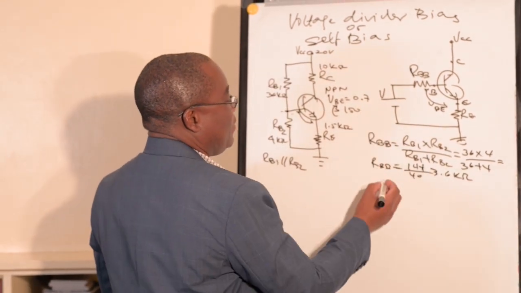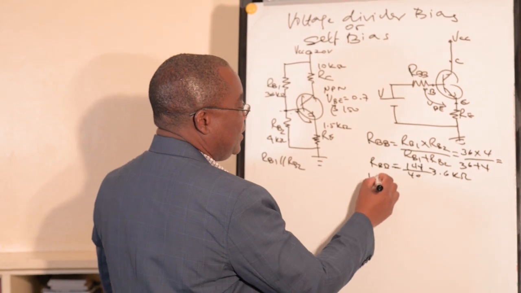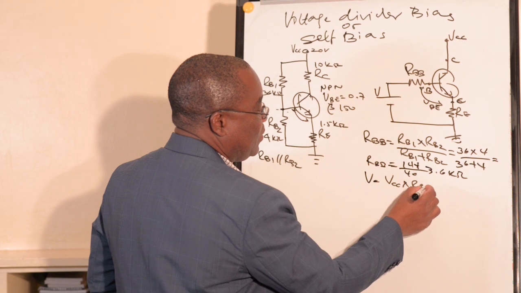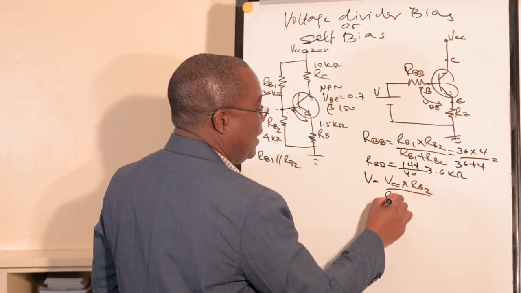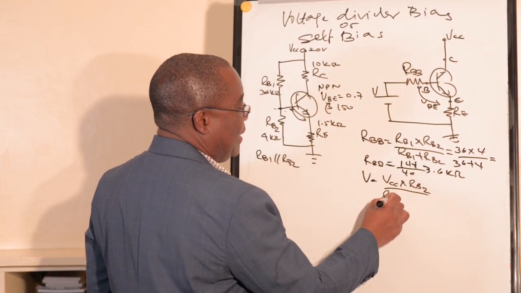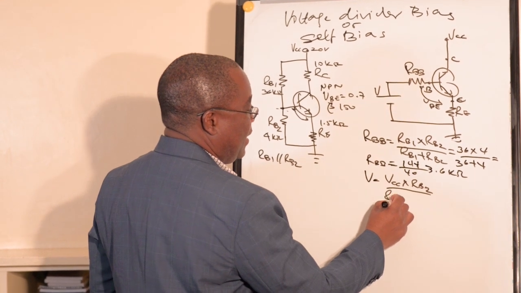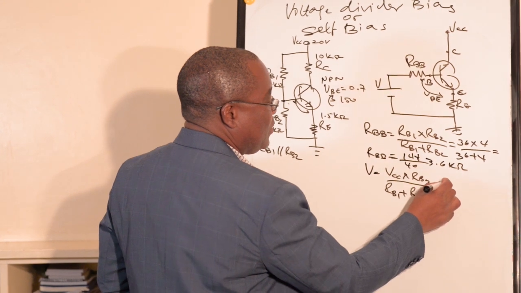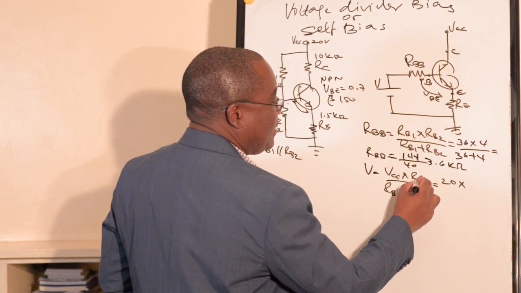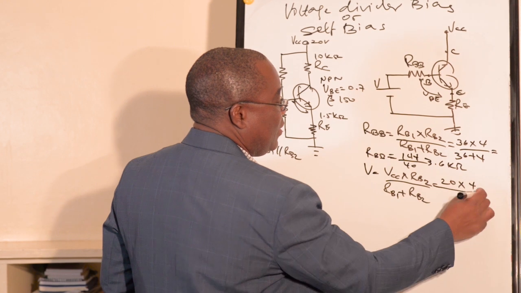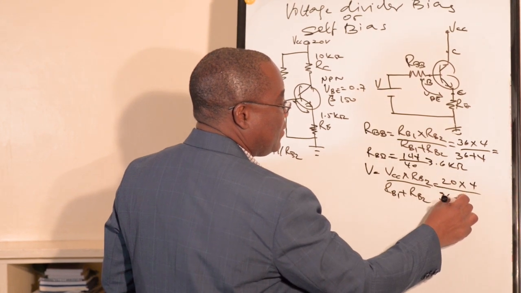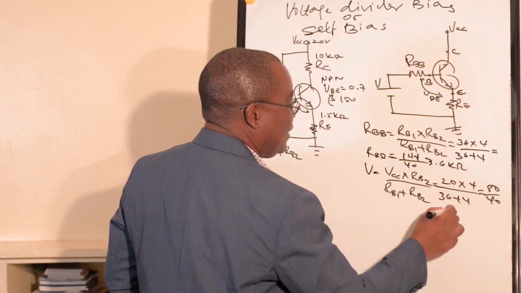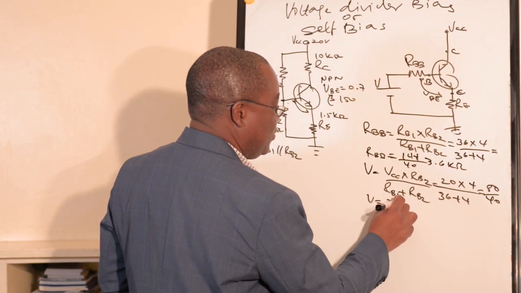So we have to find also the Thevenin voltage, which is equal to VCC times RB2 over RB1 plus RB2, equals 20 times 4 over 36 plus 4, equals 80 over 40, which is equal to 2 volts.